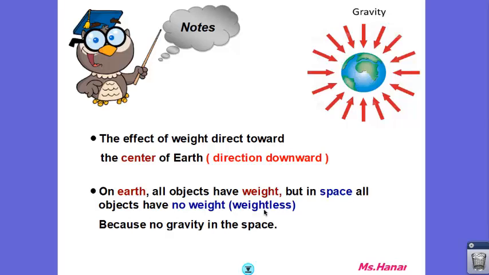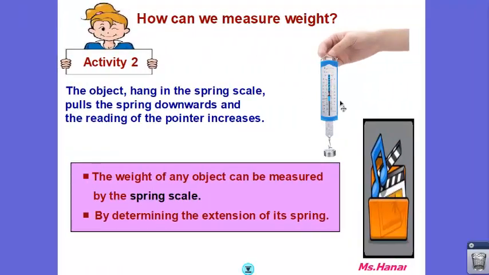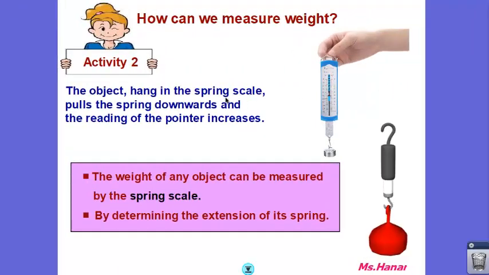But in space all objects have no weight, or are weightless. Less means without. So weightless means without weight. Why? Because there is no gravity in space.